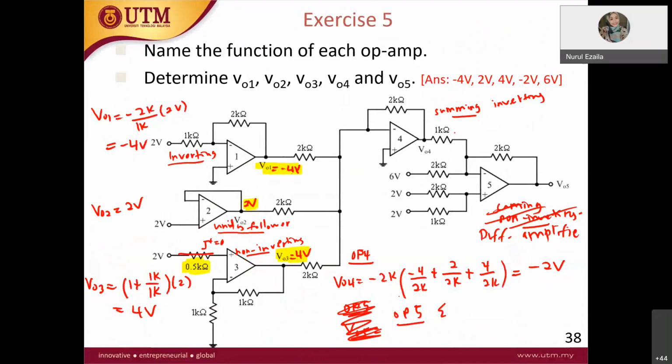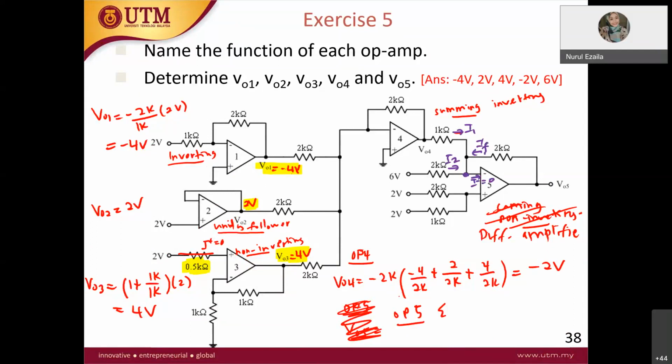Okay, so this is a different color. I1, I feedback, and then you have here I2, and you know that the current here, I minus, is equal to 0.